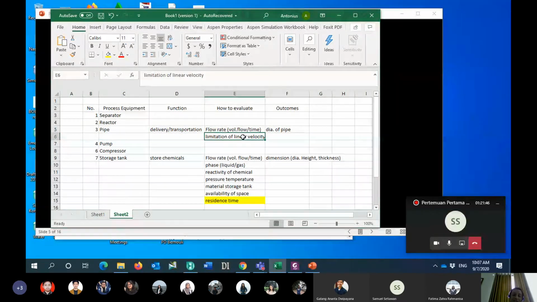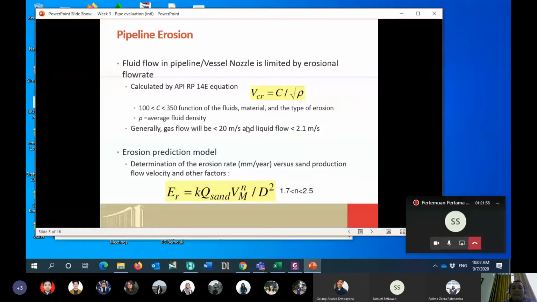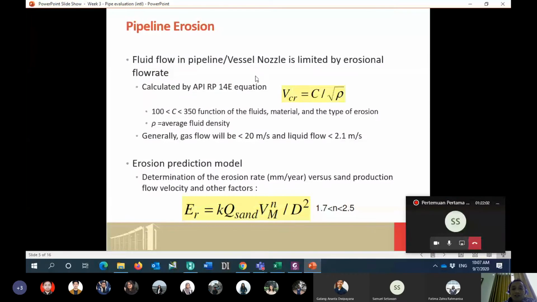So please remember that. In this case, the evaluation depends on the linear velocity that you would like to select. This shows how to calculate the linear velocity.